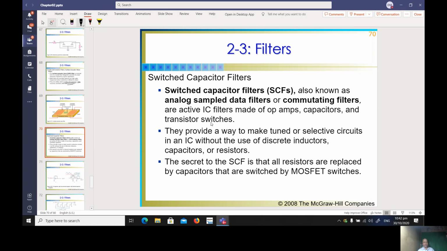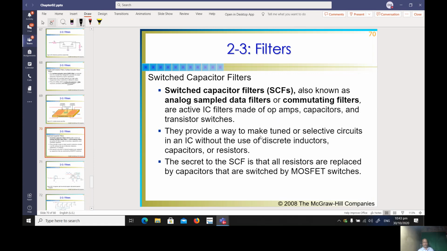There is also what we call the switch capacitor filter, also known as the analog sampled data filter. They are made of op-amps, capacitors, and transistor switches. This technology makes different types of filters compact in one package.